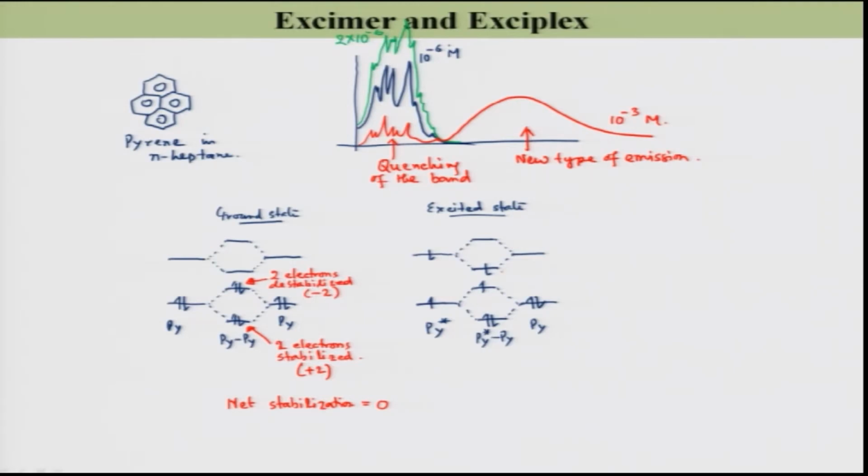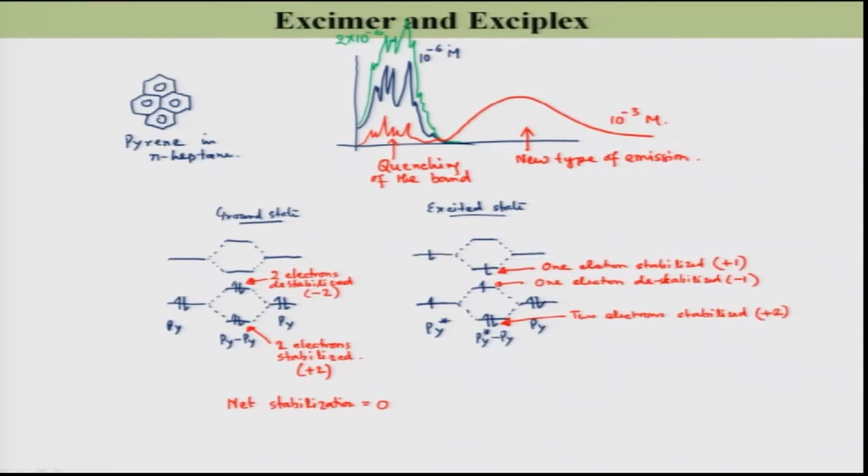However, in this case you see here 1 electron is stabilized, so I will write +1, here 1 electron is destabilized, so I will write -1, and this one, 2 electrons stabilized, so I will write +2.